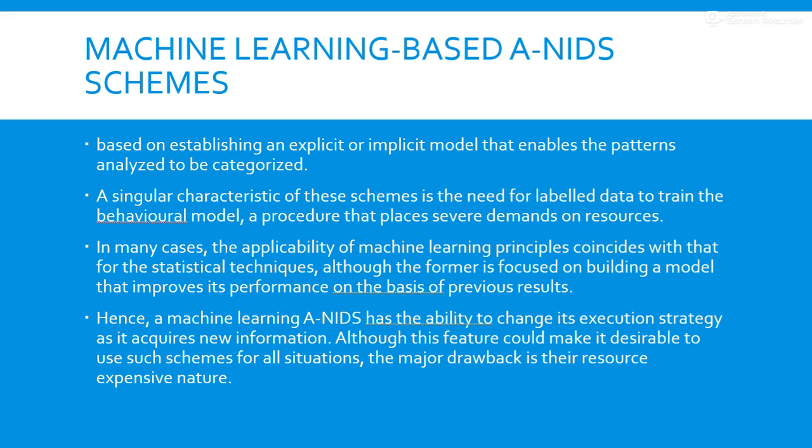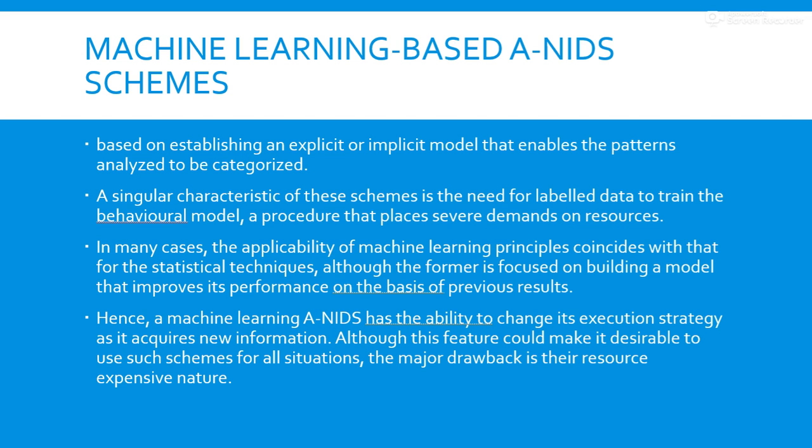So machine learning techniques learn from their previous behavior, and in this way they are better than statistical techniques. Machine learning techniques have the ability to change their execution strategy with time, because they learn from past behavior. So whenever they get new information, they may change their execution strategy from the previous one.